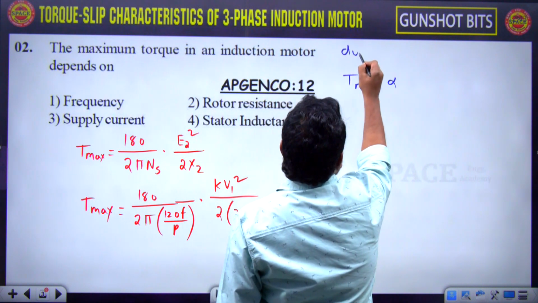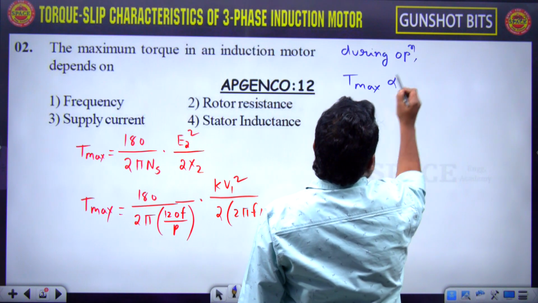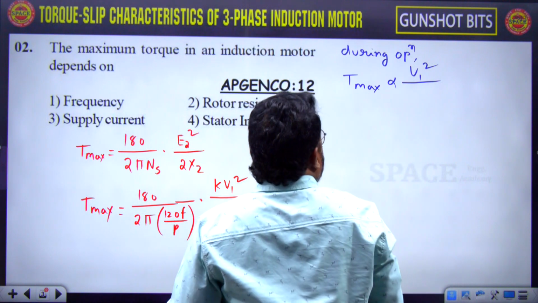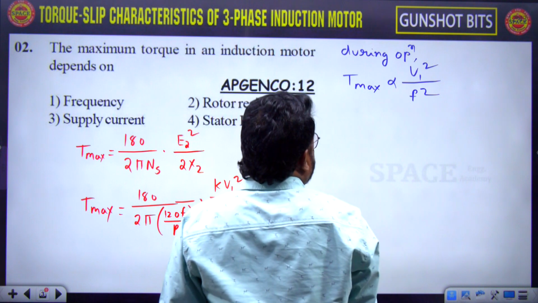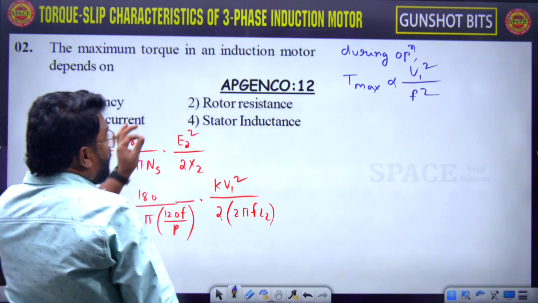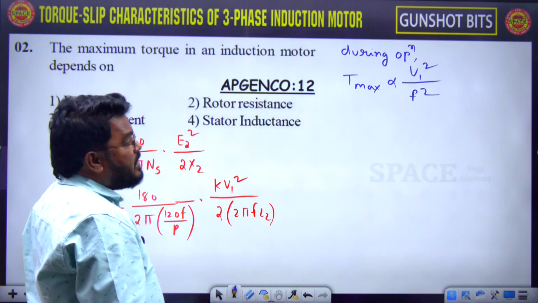During operation of the motor, the maximum torque is directly proportional to the square of the voltage. In this question, the options mention frequency, rotor resistance, supply current and stator inductance.